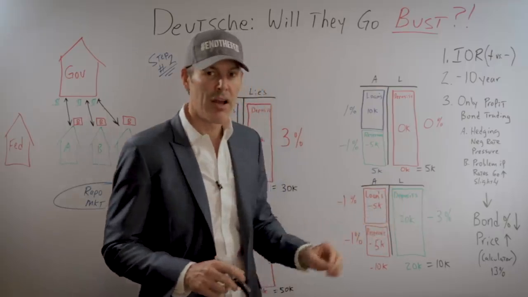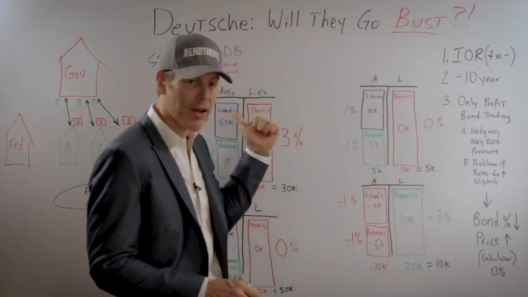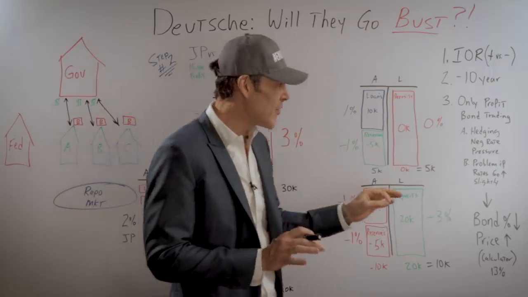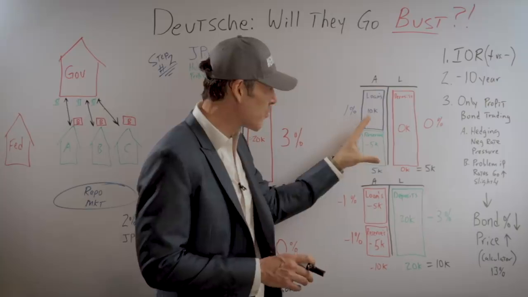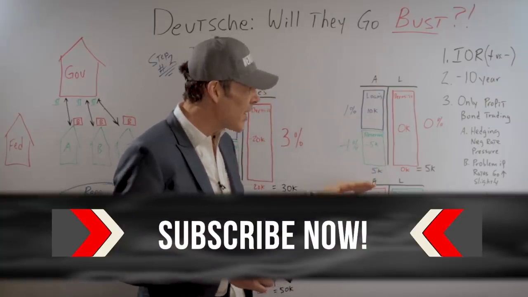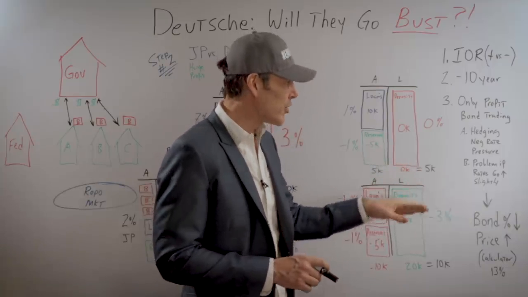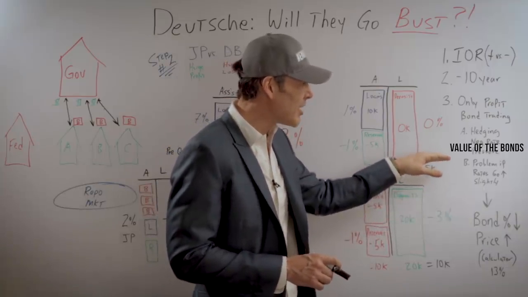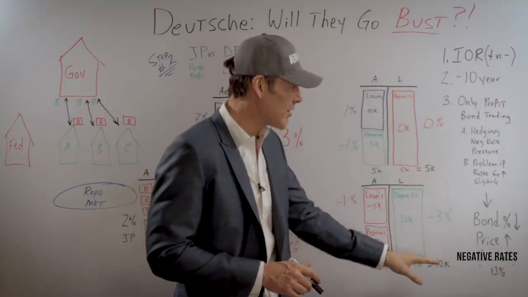I'm going to go out there and buy even more bonds than I'm required to buy, because if negative rates go lower and there's more pressure put on the retail side of what I do, then I know I'm going to make up at least a little bit of that money with the value of those bonds increasing because those negative interest rates are going down.